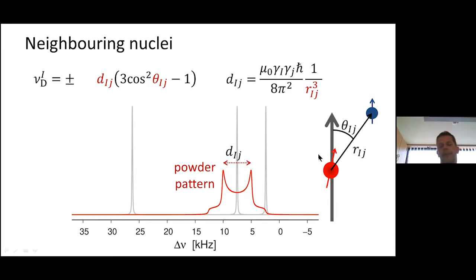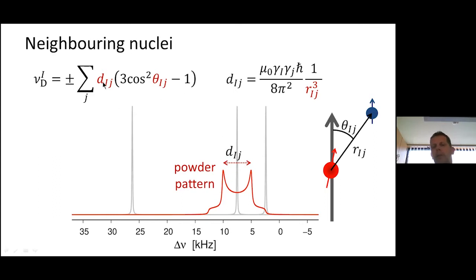But there's, again, a complication. Usually, we don't have only one nucleus as a neighbor to the nucleus which we are detecting. We have another nucleus here, and another here, and another here, and so on. And then we have to sum up all these contributions together.